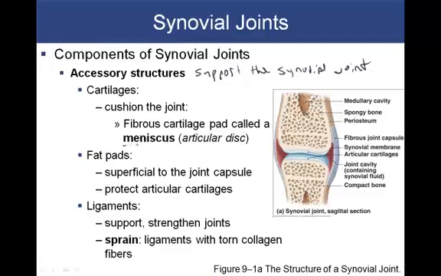We can identify some of these as being meniscus or menisci, or articular discs. If you jump forward one slide, you'll find a figure that has all of these accessory structures, and you'll see the meniscus. This is a cartilaginous pad that helps to support the joint.